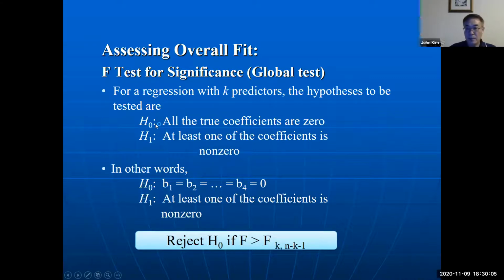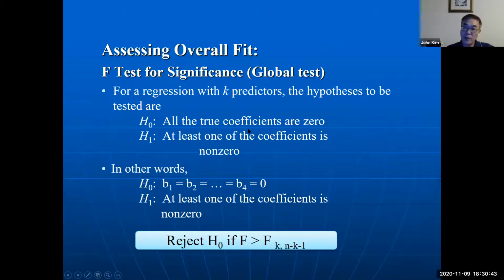You know hypothesis tests. H0, the null hypothesis: all the true coefficients are 0. That means the X variables don't work to predict the Y variable. And H1, the alternative hypothesis: at least one of the coefficients is non-zero. That means at least one X variable works to predict the Y variable.